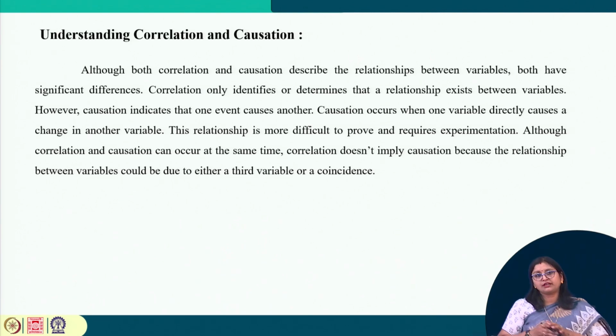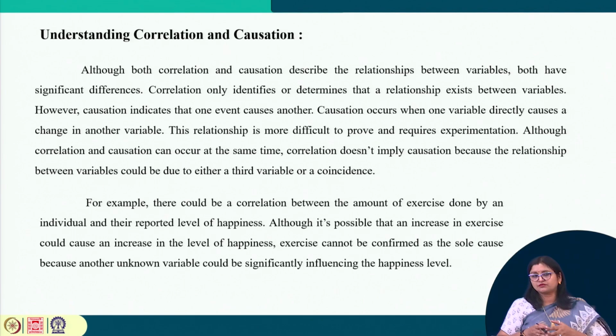Although correlation and causation can occur at the same time, correlation does not imply causation, because the relationship between the variables could be due to either a third variable or some coincidence also.